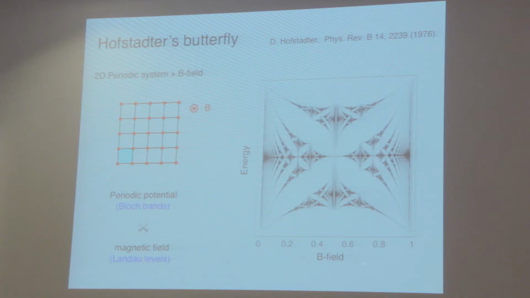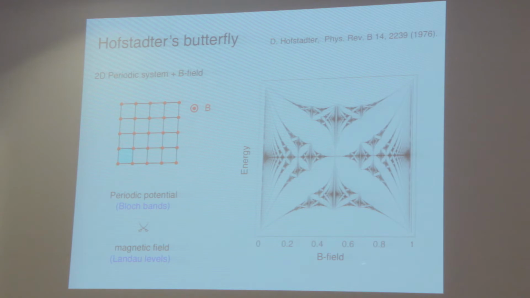Another factor is a periodic potential, which is periodic in both the x and y directions. Then the energy spectrum is separated into an intricate fractal structure against the amplitude of the magnetic field. This is characterized by the flux penetrating the unit cell.